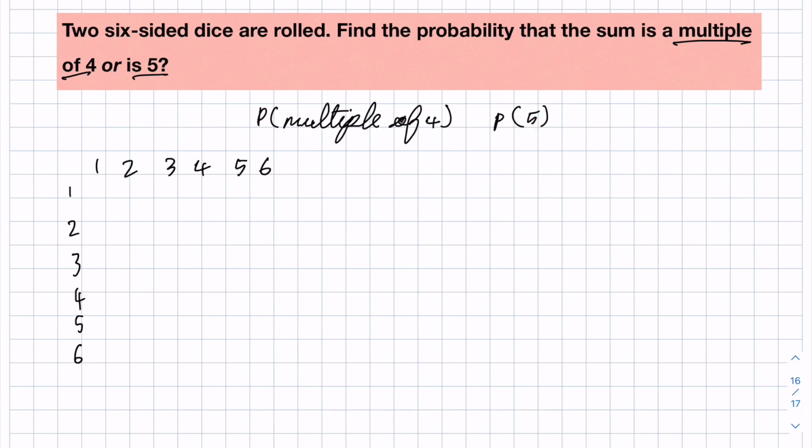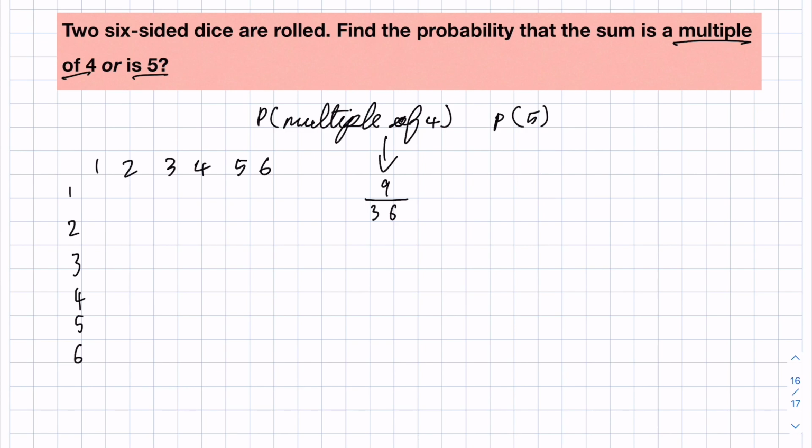The multiples of 4 that fall within this range are 4, 8, and 12. So I need to find numbers that add up to this. Altogether, I found 9 out of the 36 possibilities that are multiples of 4.